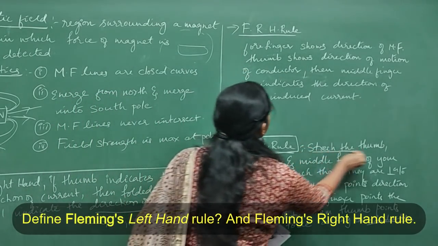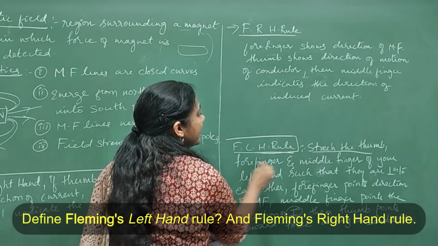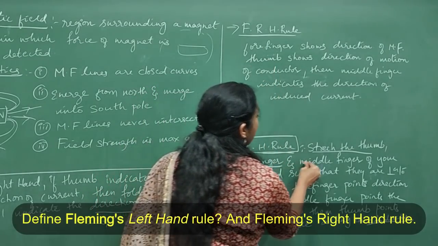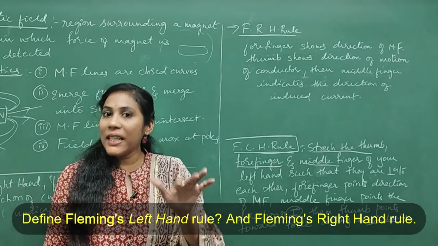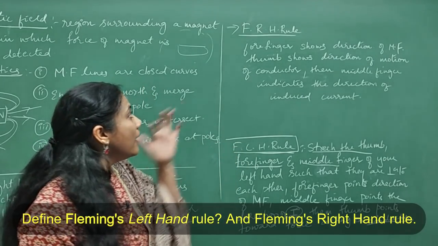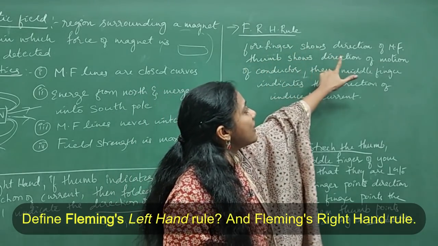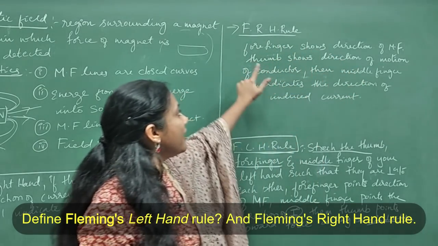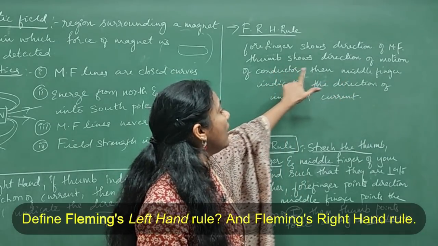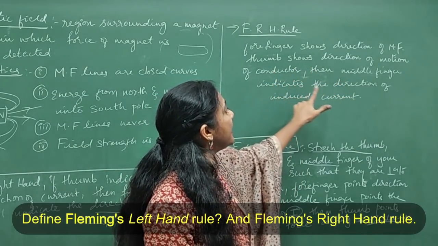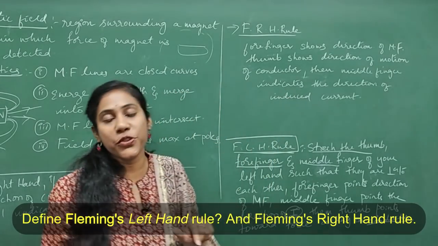You have to stretch the right hand forefinger, middle finger and thumb so that they are mutually perpendicular to each other. If forefinger shows the direction of magnetic field, thumb shows the direction of motion of conductor, then middle finger indicates the direction of induced current.